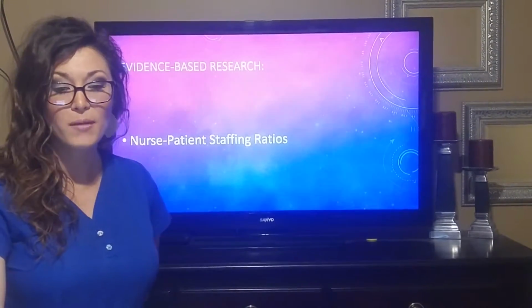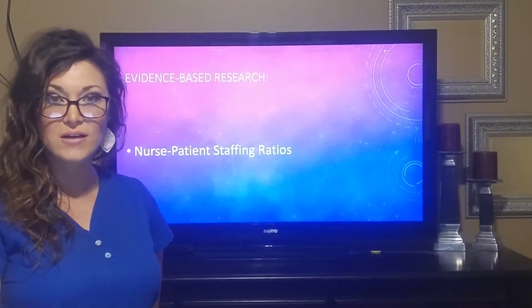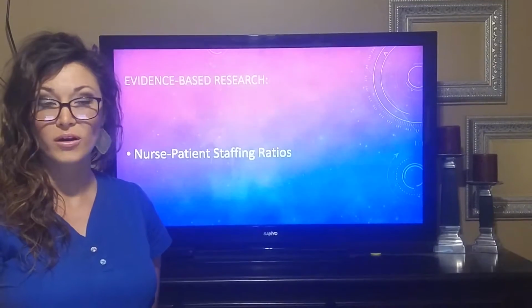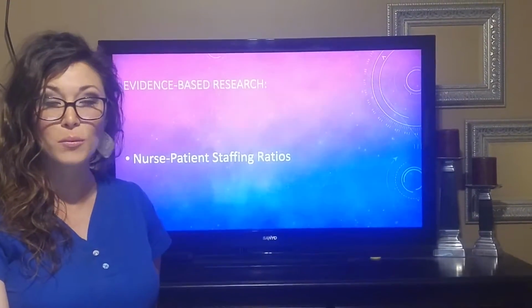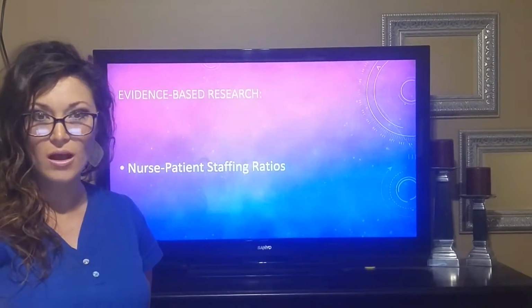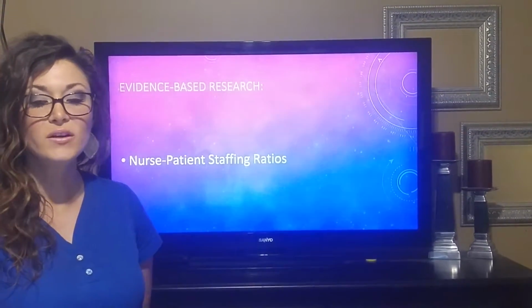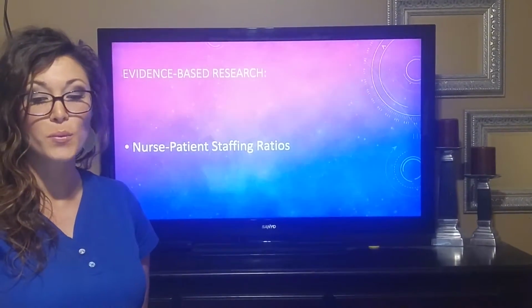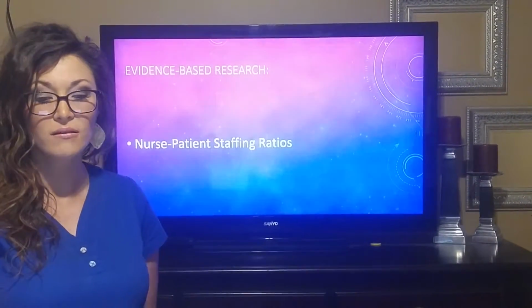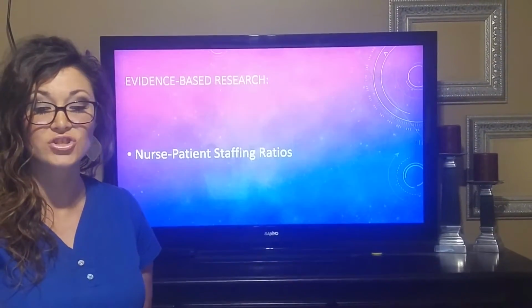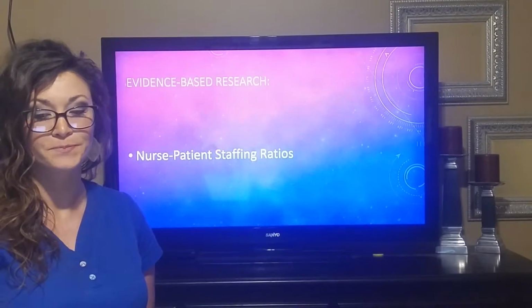A study conducted by McHugh and Ma in 2013 showed that hospitals that support a positive work environment and a manageable patient load lead to significantly better patient outcomes. When nurses have patient-to-nurse ratios of 1 to 4.95 or less, additional time for patient teaching and preparation for the transition home can occur more easily.